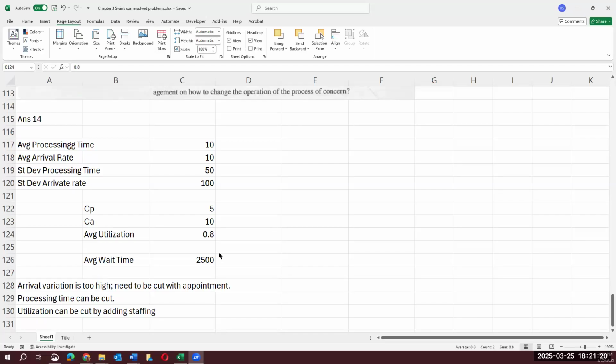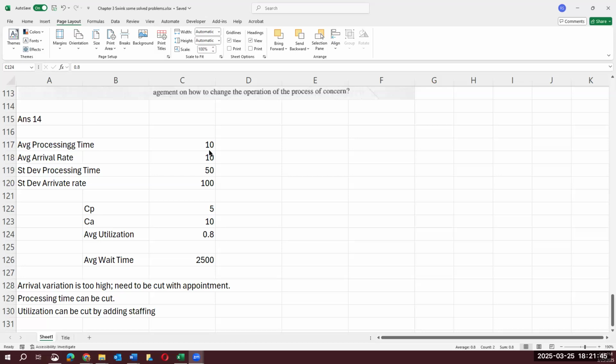So if you look at the average wait time, it's more than 40 hours. And if they want to cut it down to 24 hours, the thing under their control, which they can easily reduce or affect, is the average utilization. If they put in more people, the average utilization will go down a little bit, and that may help.